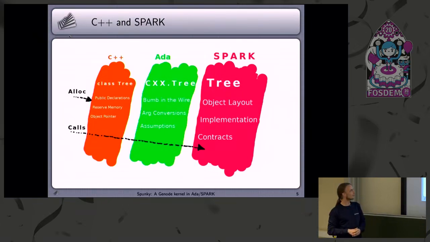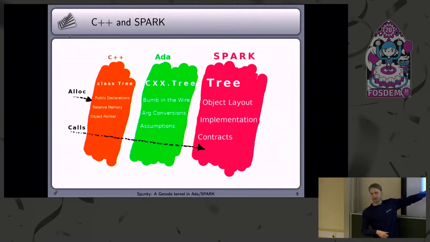And so we came up with this design for every Spark package that shall interact with C++, or that shall be called from C++ better. There is a C++ class that has only the public interface declarations, so you can do the public calls on it.